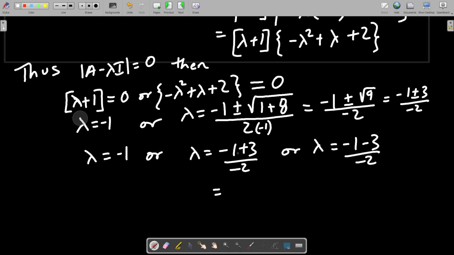So this will give you plus 2 upon minus 2, that is minus 1. This will give minus 4 upon minus 2, that is plus 2. Clear?